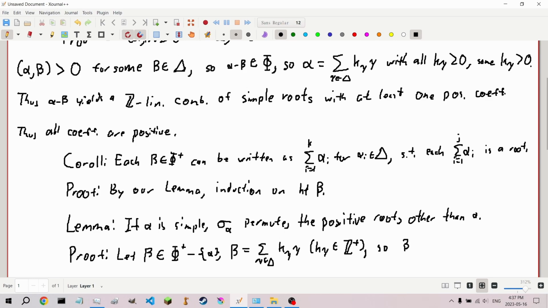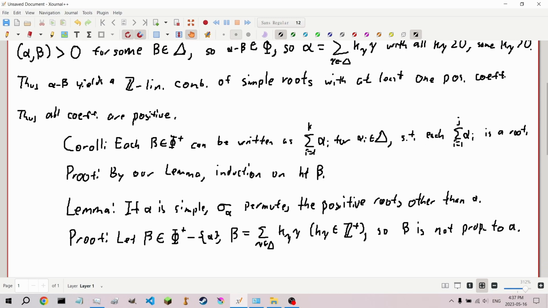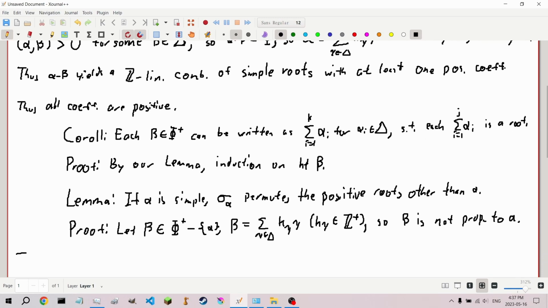So beta is not proportional to alpha, and then k gamma is non-zero for some gamma distinct from alpha.